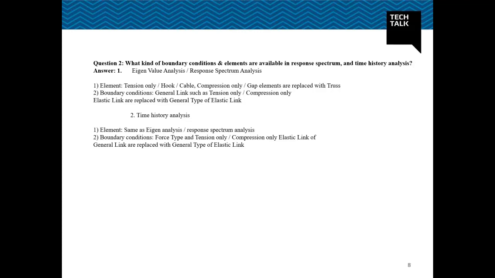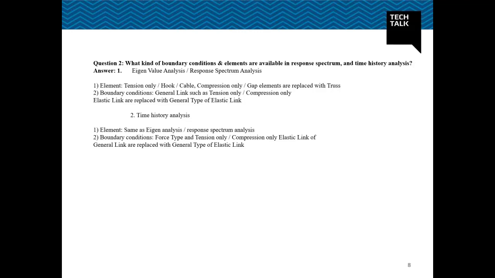All these are non-linear boundary elements. When you provide non-linear elements such as tension only or compression only, they get converted into linear elements. So tension only, hook or compression only gets converted into truss.